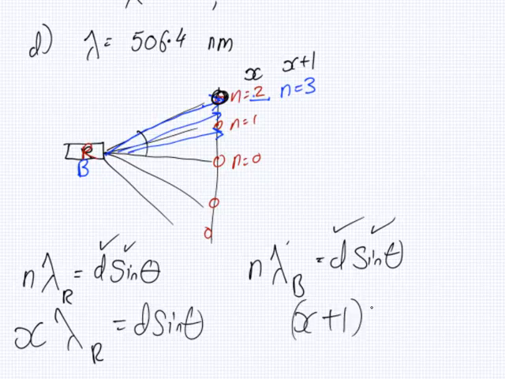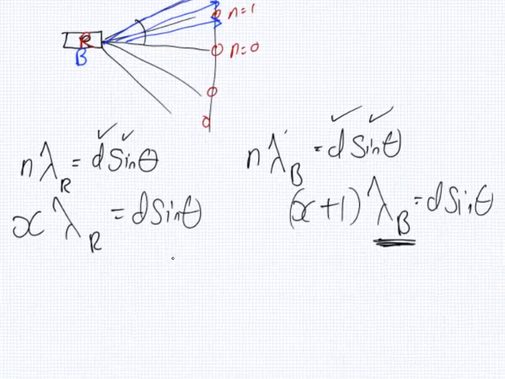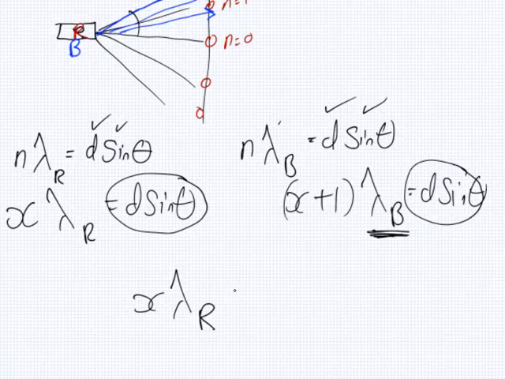What about 506.4? Yeah, that 506.4, that's here. And the red one was 633, wasn't it? Because this equals d sine theta and this equals d sine theta, we can say x wavelength of red light equals x plus 1 wavelength of blue light.